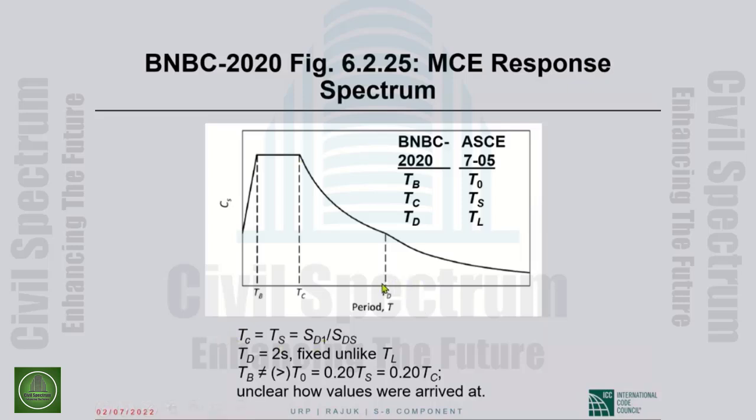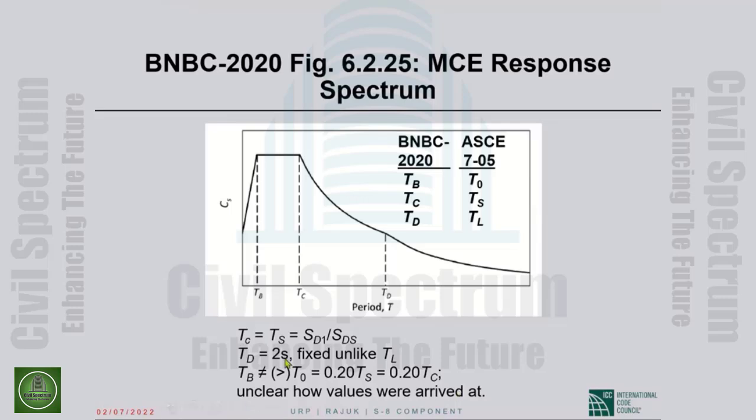T sub D, however, has a fixed value of 2 seconds. T sub L has multiple values ranging from 4 to 16 seconds in the US. The T sub B is, I find, kind of interesting. So T sub 0, the counterpart of T sub B, is simply 20% of T sub S. AC7 tells you that.